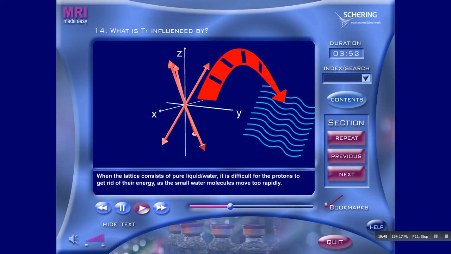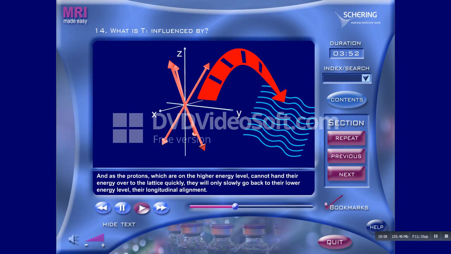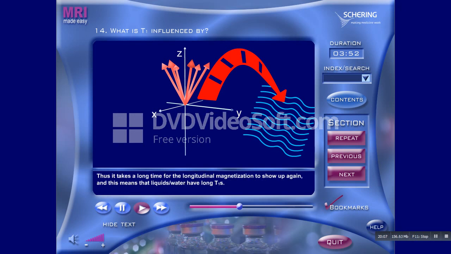And as the protons, which are on the higher energy level, cannot hand their energy over to the lattice quickly, they will only slowly go back to their lower energy level, their longitudinal alignment. Thus, it takes a long time for the longitudinal magnetization to show up again. And this means that liquids, water, have long T1s.